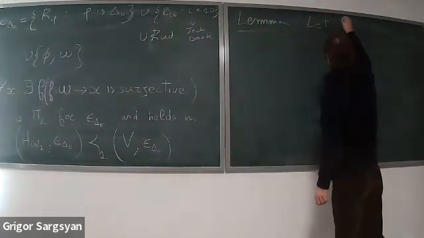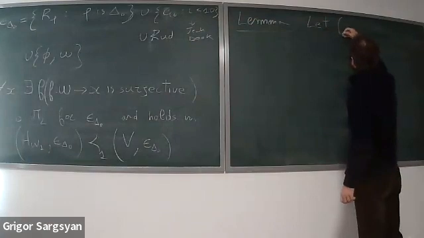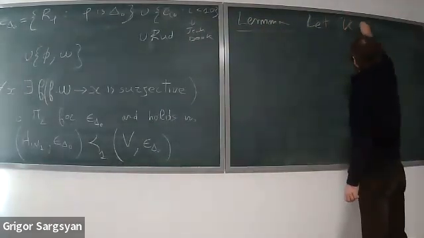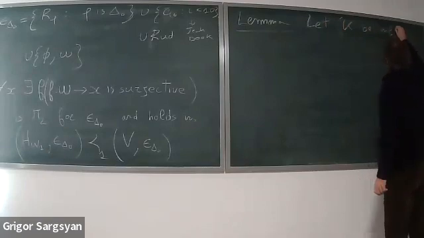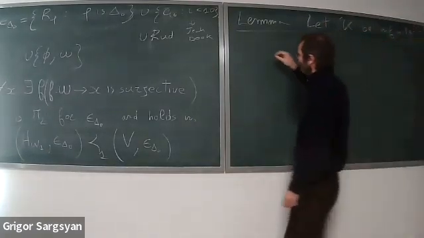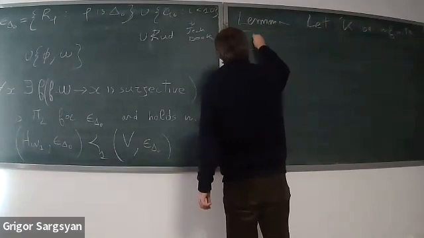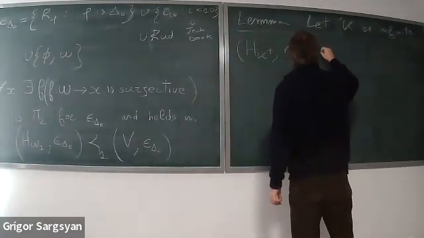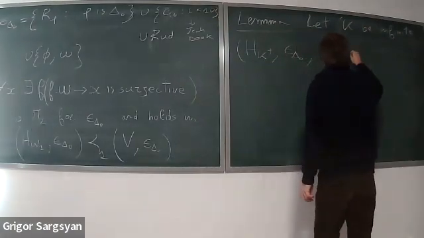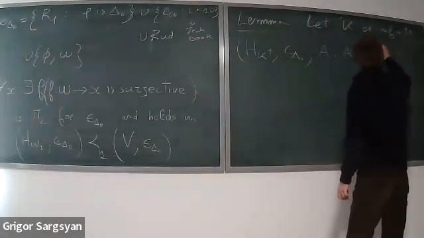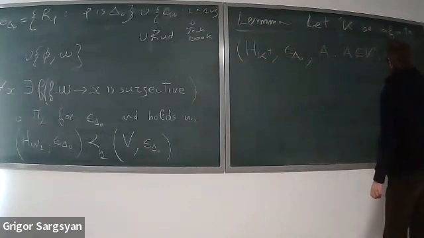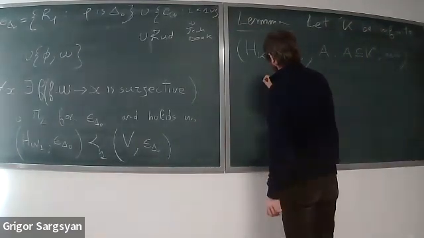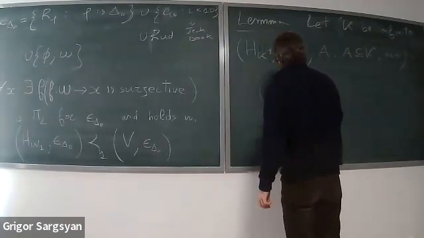Let kappa be infinite, then H kappa plus epsilon delta 0, with predicates for subsets of the power set of kappa, is sigma 1 elementary in V epsilon delta 0 with those predicates.